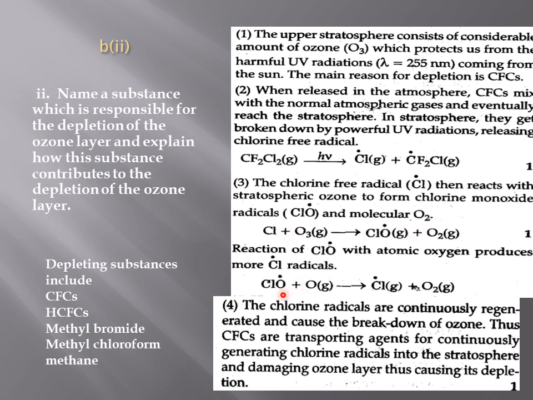The radicals also keep attacking the ozone. The chlorine monoxides keep reacting with oxygen, producing further radicals, which will go again and attack the ozone. So that is how the depletion occurs.